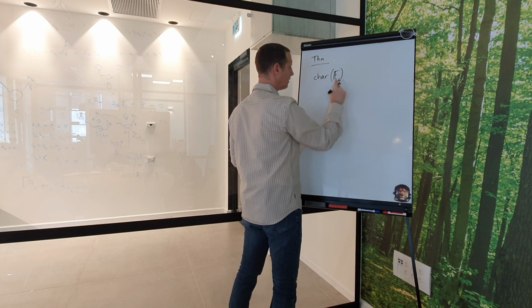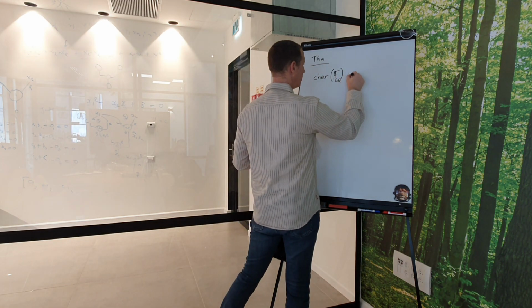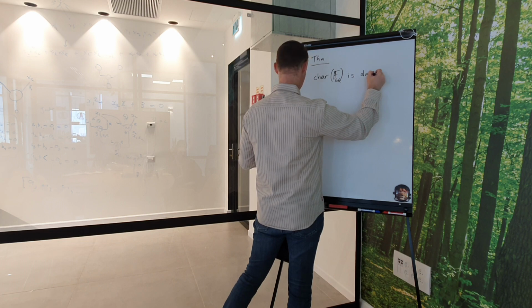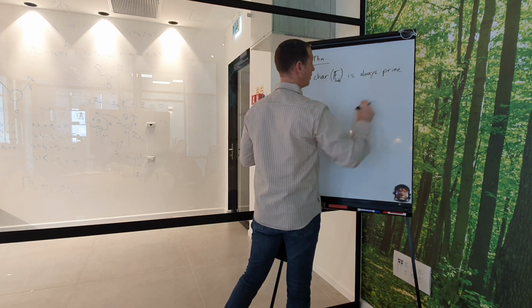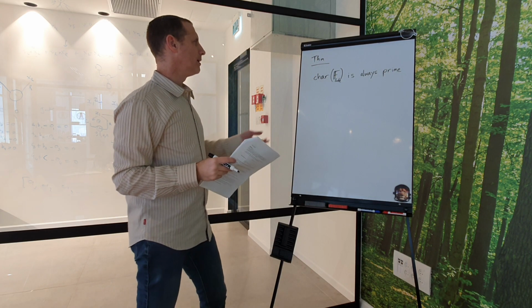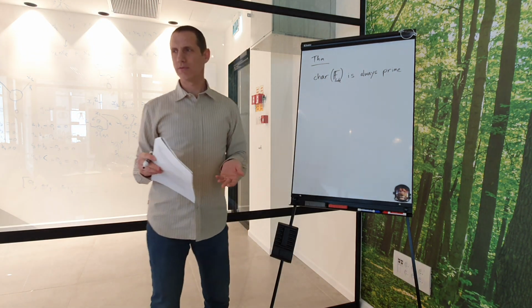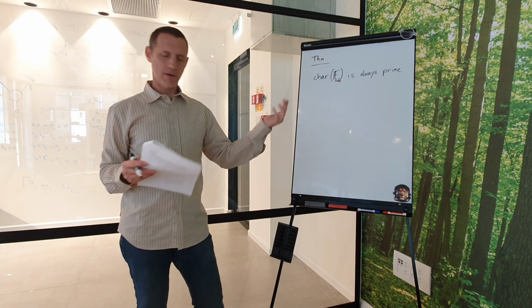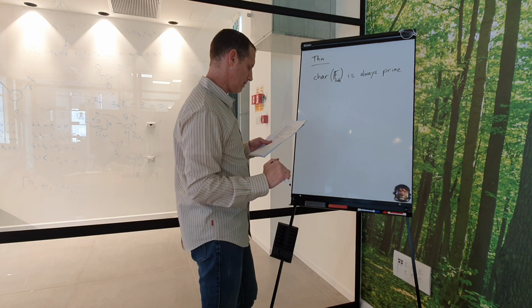I mean, it's sort of like we're going in circles a little bit. So actually all we need to show is that for a finite field the characteristic is always positive, right? Because we showed that if it's positive then it's prime. So let's show that the characteristic of a finite field is positive.